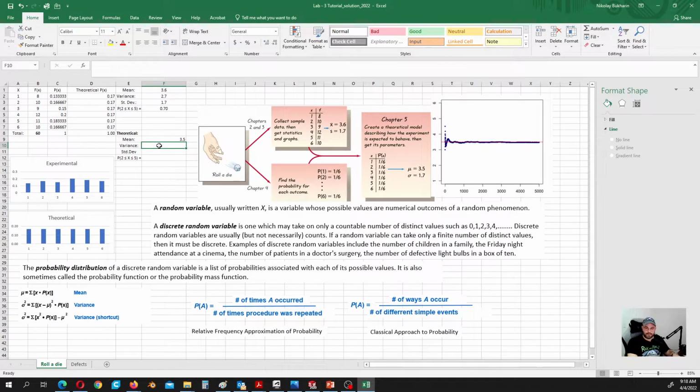Okay, so for the variance again, we will use the same shortcut formula.